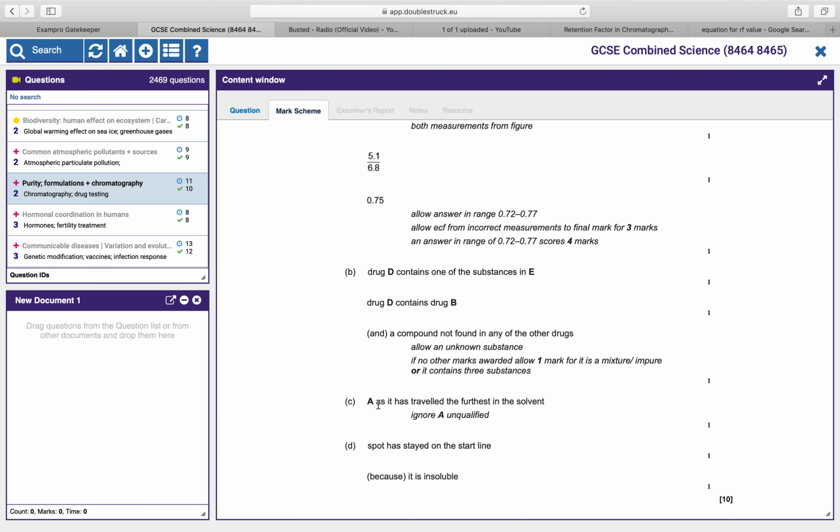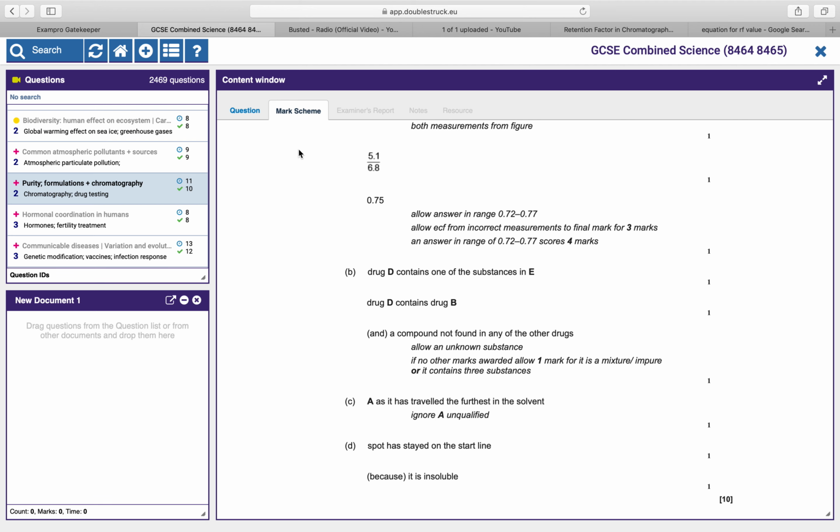Let's see, A, as it travelled the furthest in the solvent. I think you'd still get a mark if you said as it travelled the furthest up the chromatogram, but A, as it travelled the furthest in the solvent, is what they're looking for.